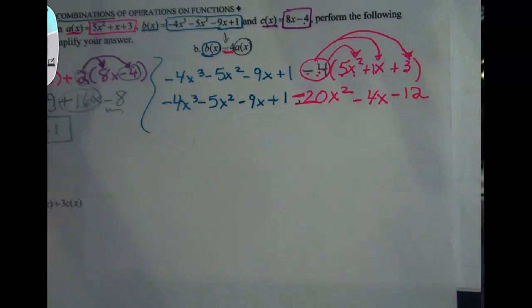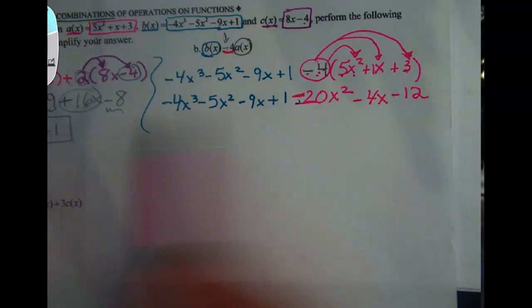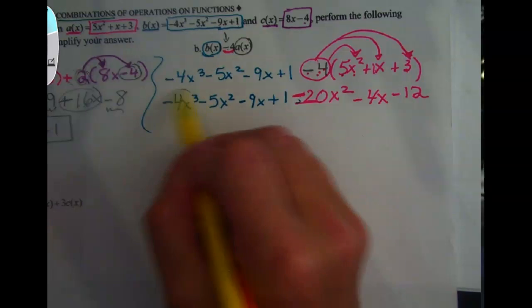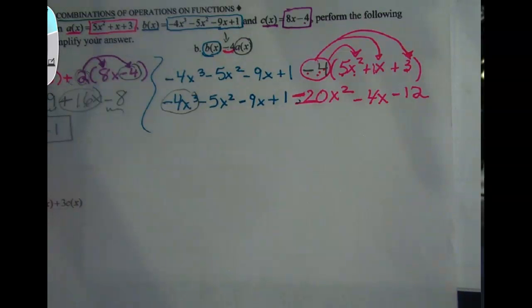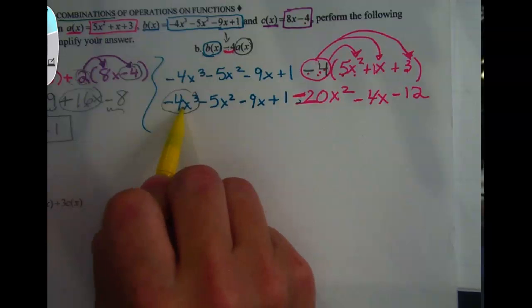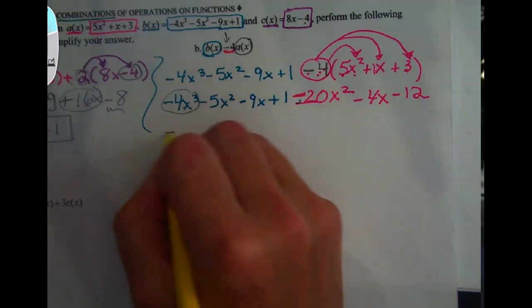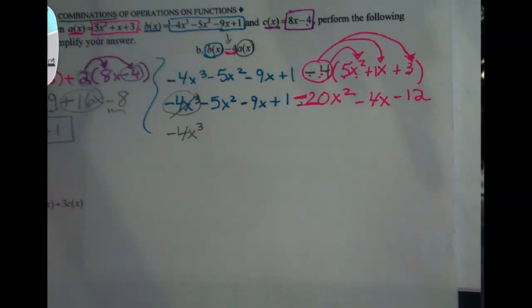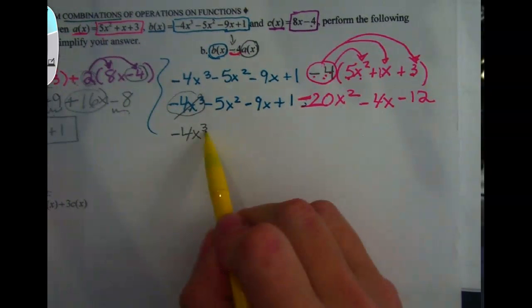And now my next part is to simplify combining like terms. Everything is now adding or subtracting. So I'm going to go through. The biggest one I have here is an x to the third. So I'm going to see if there's any other to the third powers. There's not. So I'm going to put that one first. I used it, so I crossed it out. Now I'm going to go for the x to the seconds.